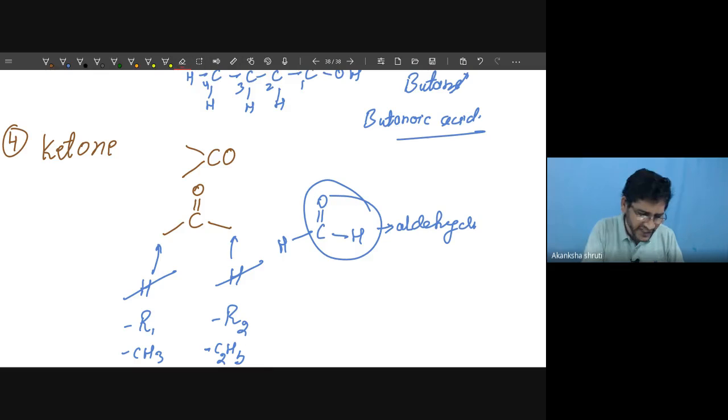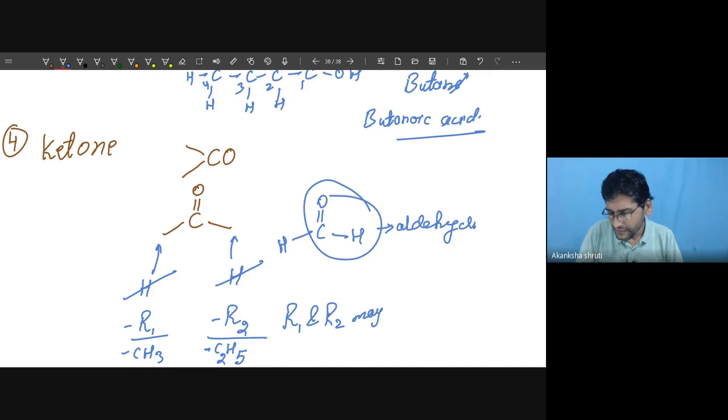That's why we have written R1 and R2, which may be the same or different alkyl groups.